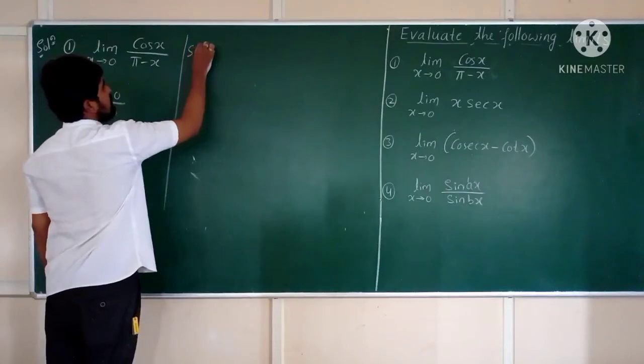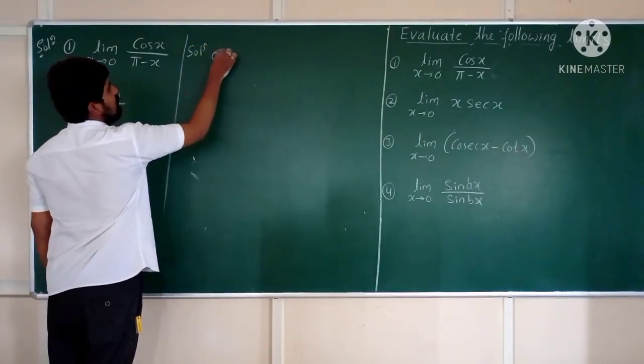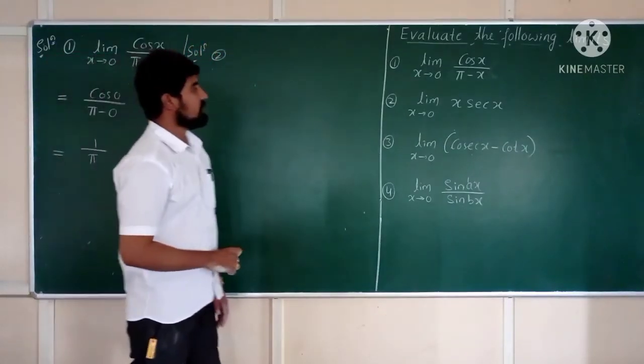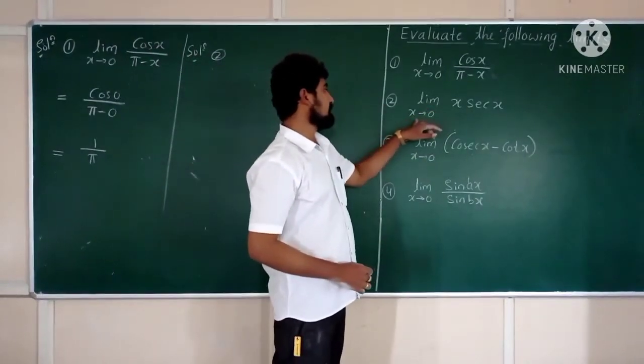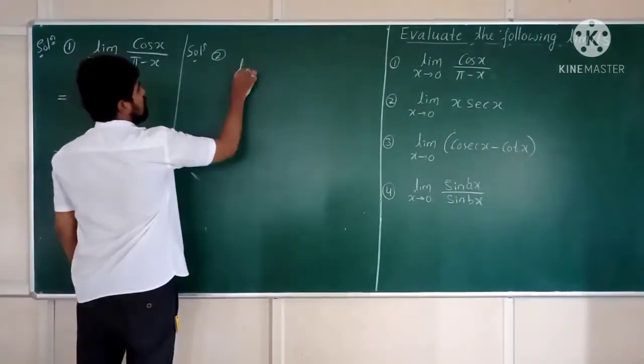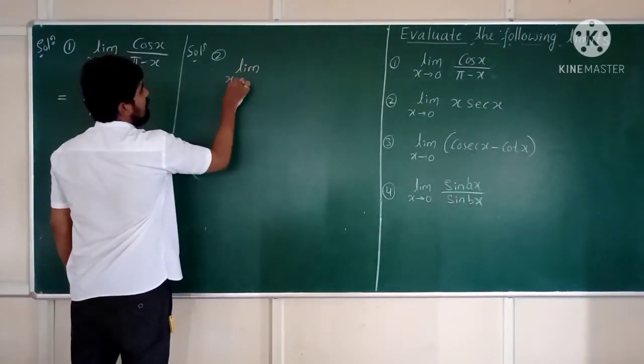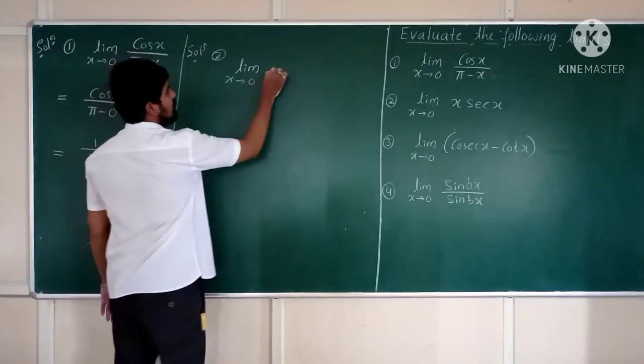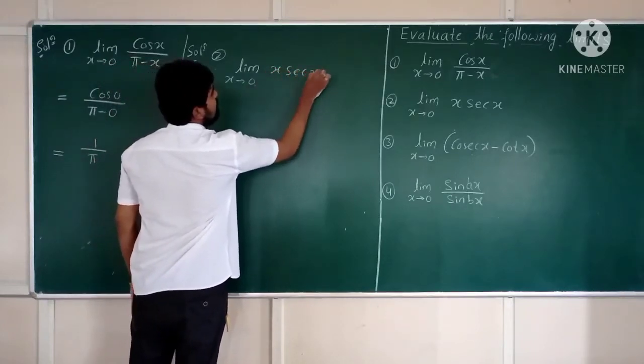Now the second question. Here it is given: evaluate limit x tends to 0 x into secant x. So limit x tends to 0 x into secant x.